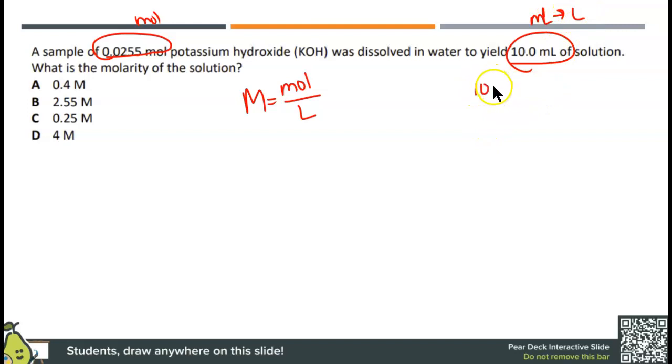So how do we do that? If you have 10 milliliters and you want to go to liters, you put milliliters on the bottom. You need to remember this conversion factor: for every 1 liter, there are 1,000 milliliters.